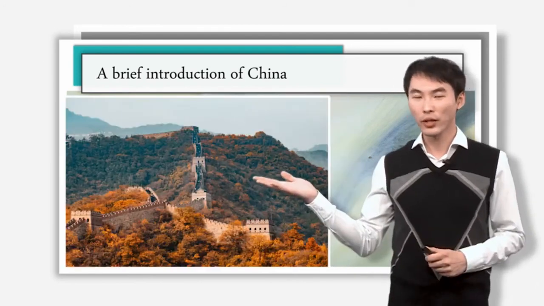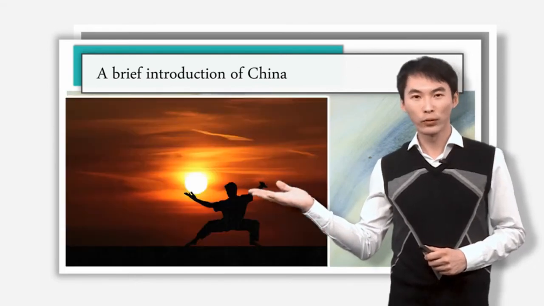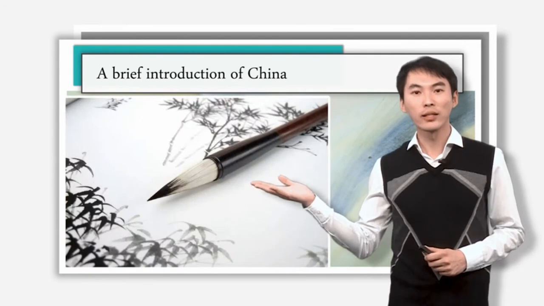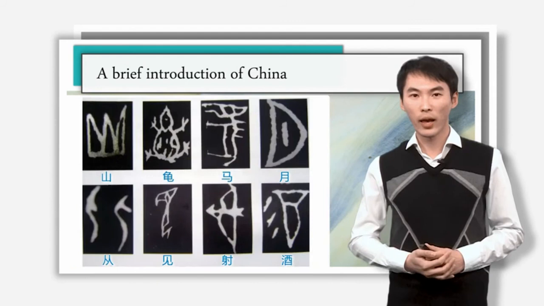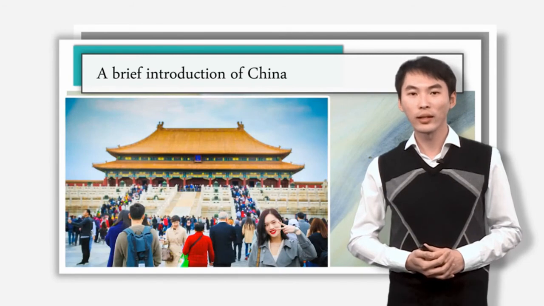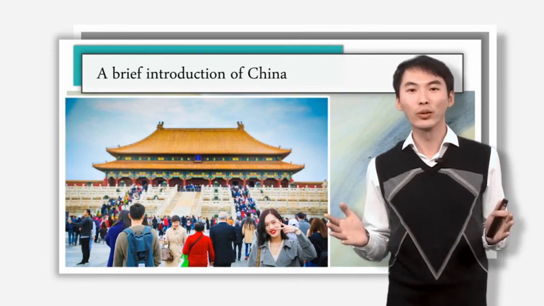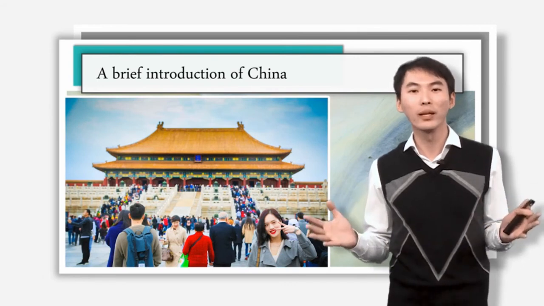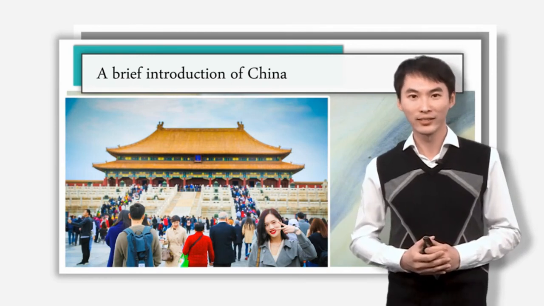The ancient architectures, panda, kung fu, the Chinese paintings, Chinese food, characters, or the high-speed railway. You can learn the Chinese language and know some Chinese society with us here. Are you ready to talk with 1.4 billion people in Chinese? Let's start learning.